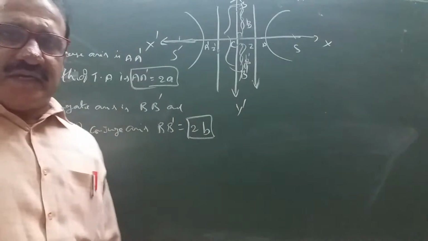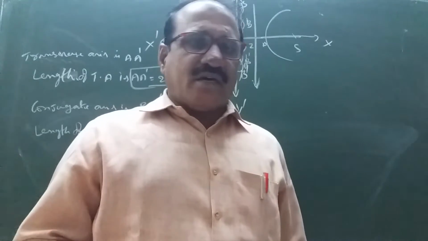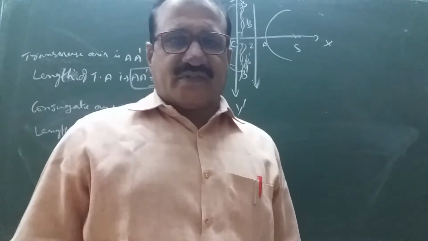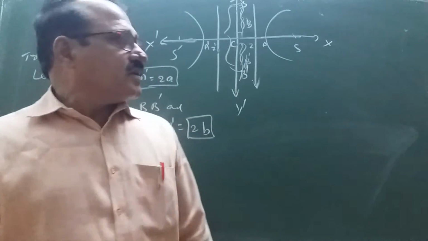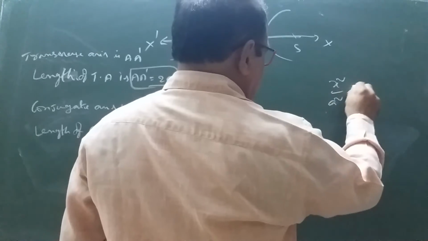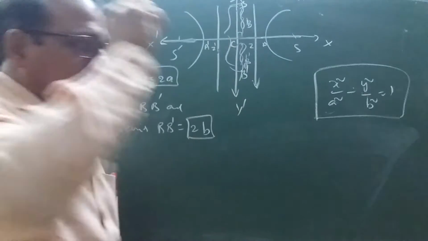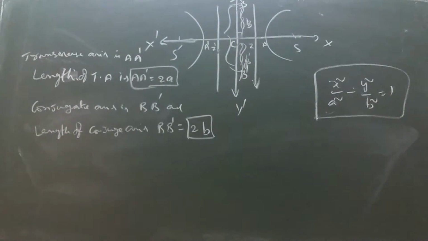Okay, I think you have some clear idea about the hyperbola: what the focus is, what the directrix is, what the conjugate axis is, what the transverse axis is, and what the length of the transverse axis and the length of the conjugate axis are. We are discussing only the hyperbola x square by a square minus y square by b square is equal to 1. Okay. Now further we will go to some other points.